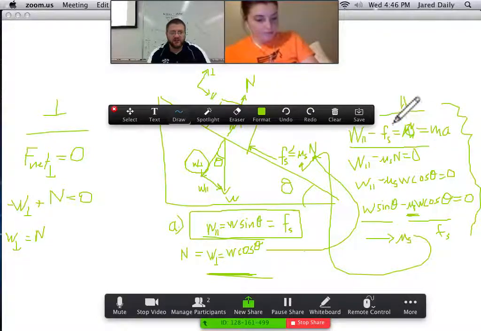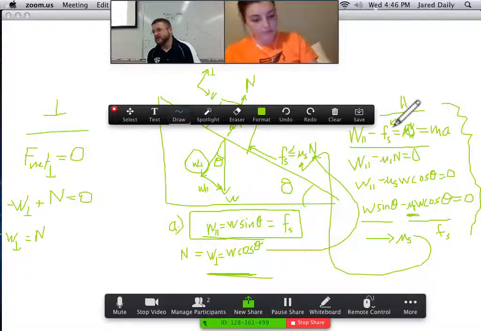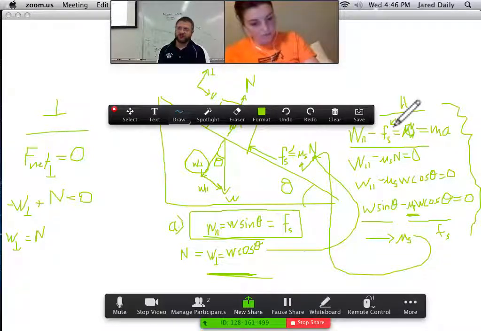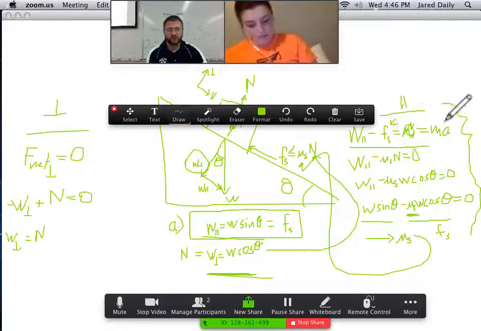And you have to change the coefficient in the frictional force. This thing right here has to change to the number they give you. You'll still have the same normal force, you'll still have the same parallel weight force, but you will have a different coefficient of friction and you will have it equal to mass times acceleration.